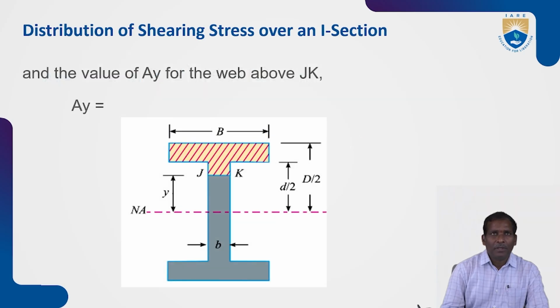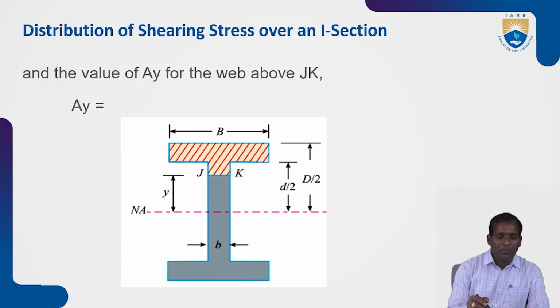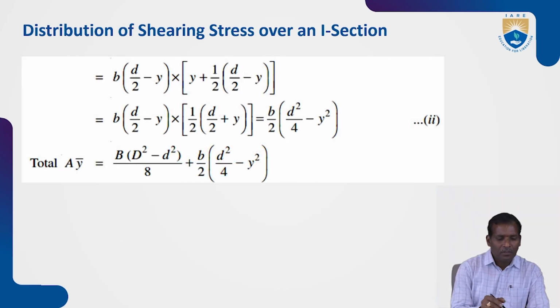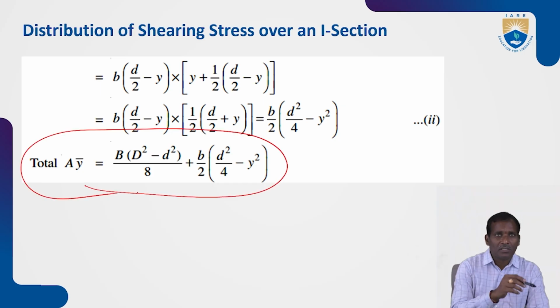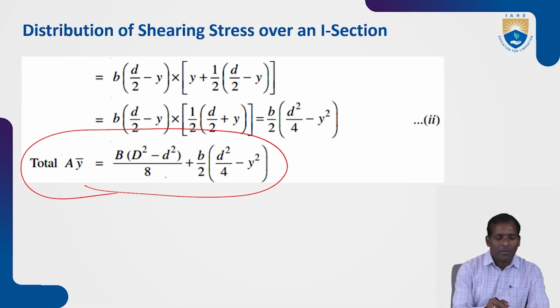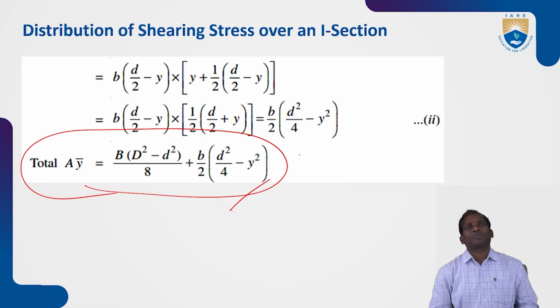And the value of A y bar for the web about JK, this one also we have calculated. In the last session we already completed this I section. So A y bar is equal to capital B into capital D square minus small d square by 8 plus b by 2 into small d square by 4 minus y square.